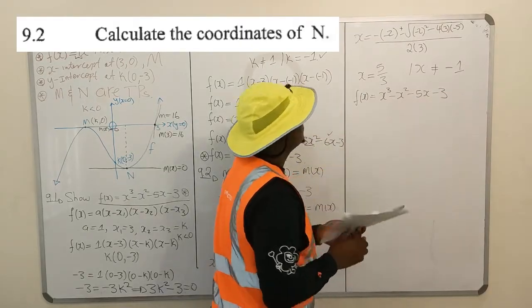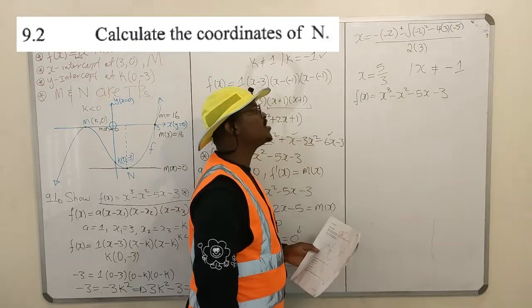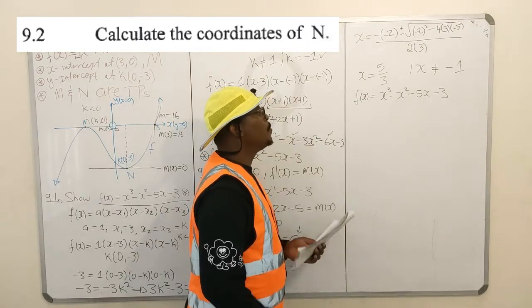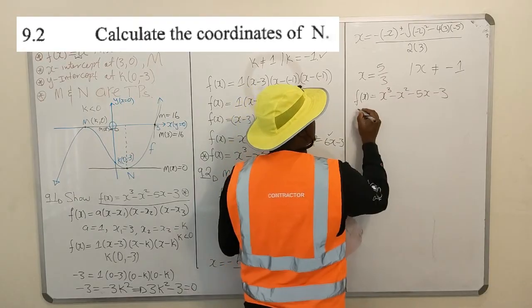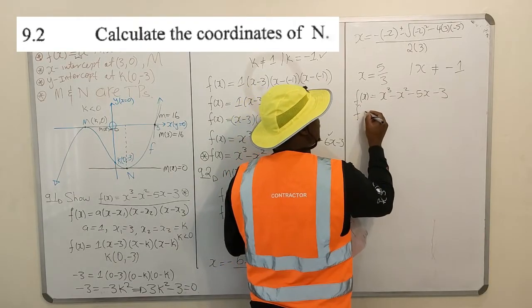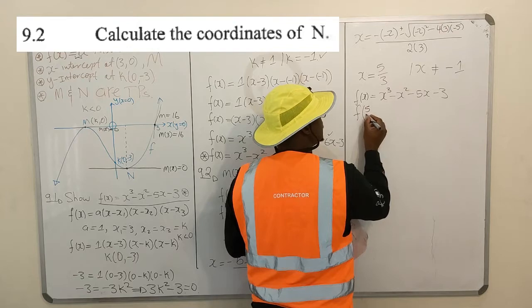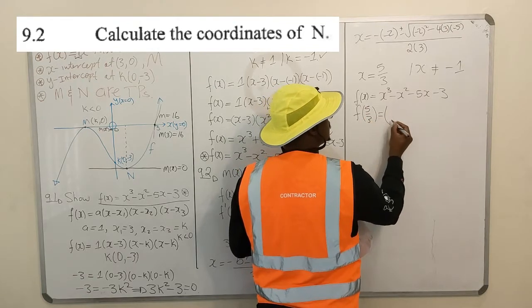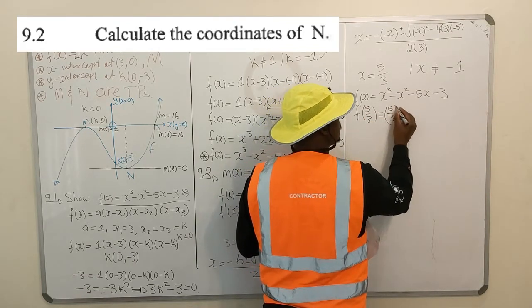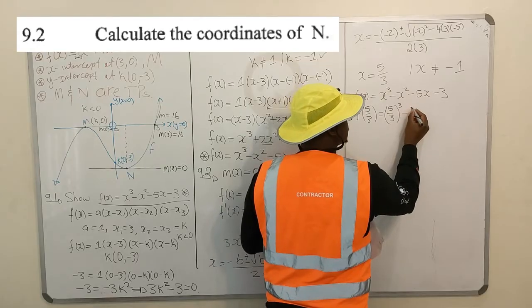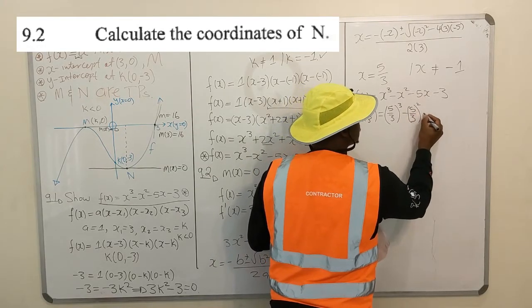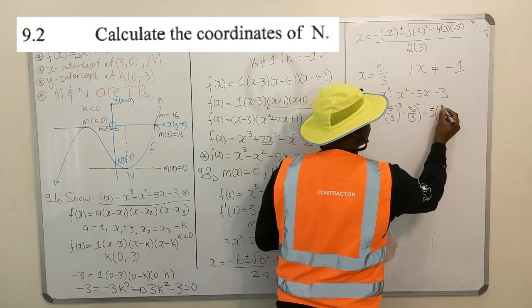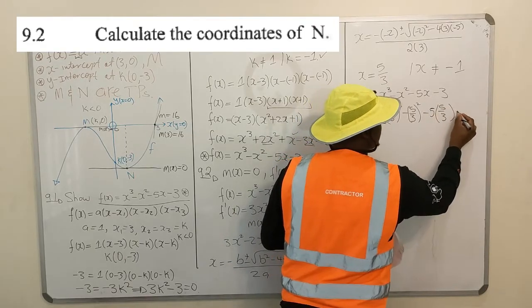This is the original equation of our function. But now we want to find the corresponding y value of this x value here. So f at 5 over 3 is equal to 5 over 3 cubed minus 5 over 3 squared minus 5 into 5 over 3 minus 3.